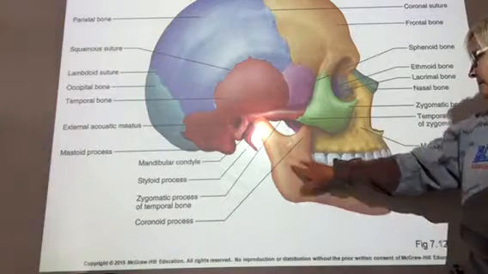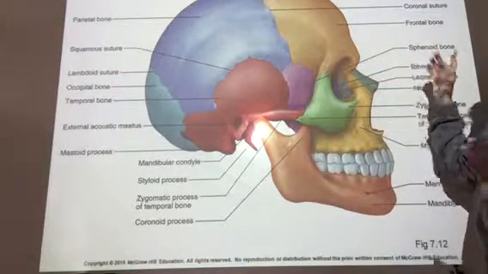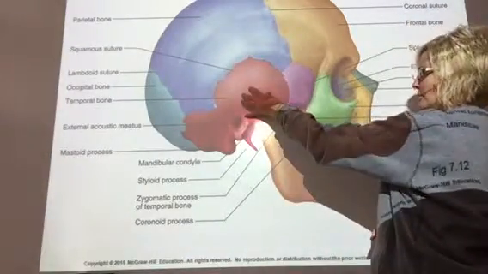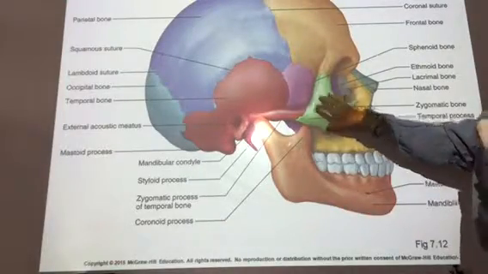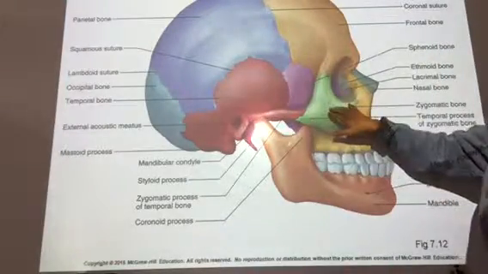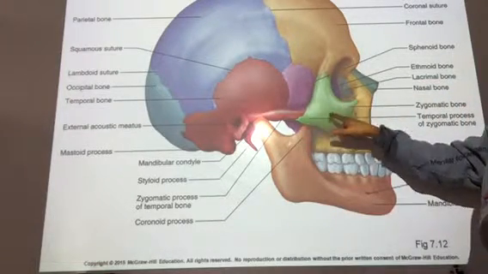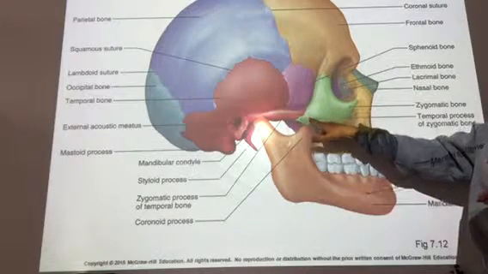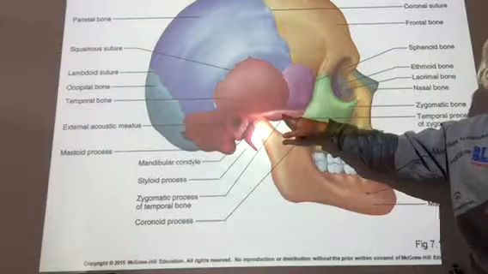Here is the mandible, here's the maxilla, nasal bone you should know. And then these two right here. Temporal bone, I already told you. Zygomatic means cheek, so I expect you to know these two bones. On the zygomatic bone is the temporal process because it's going to hook to the temporal bone.